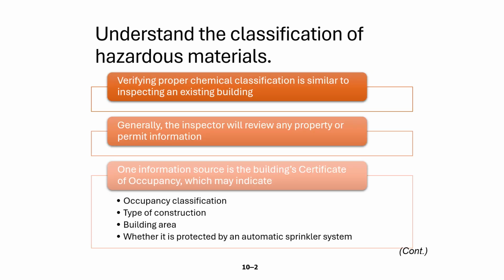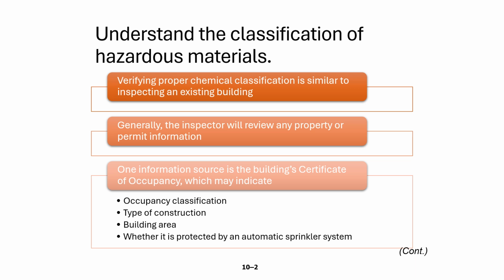So verifying the proper chemical classification is very similar to inspecting an existing building. Generally, the inspector will review any property or permit information. When we're looking at the source of that information, we can go to the building certificate of occupancy, which is the original document that helped us understand what was going on inside the building when we originally approved it.